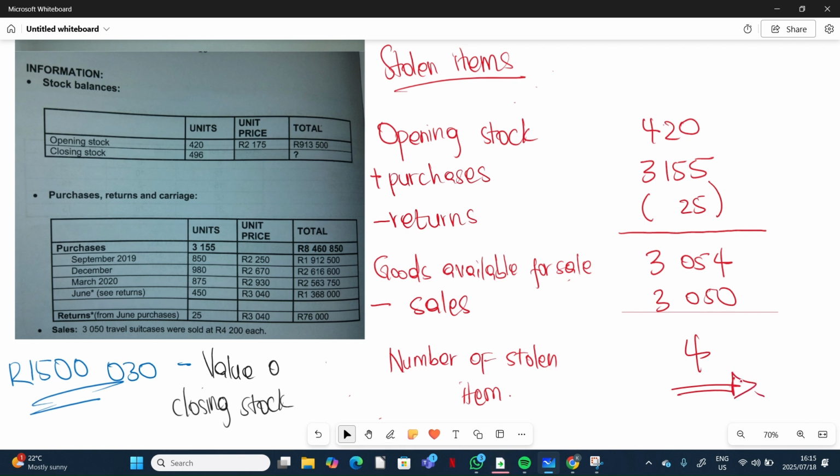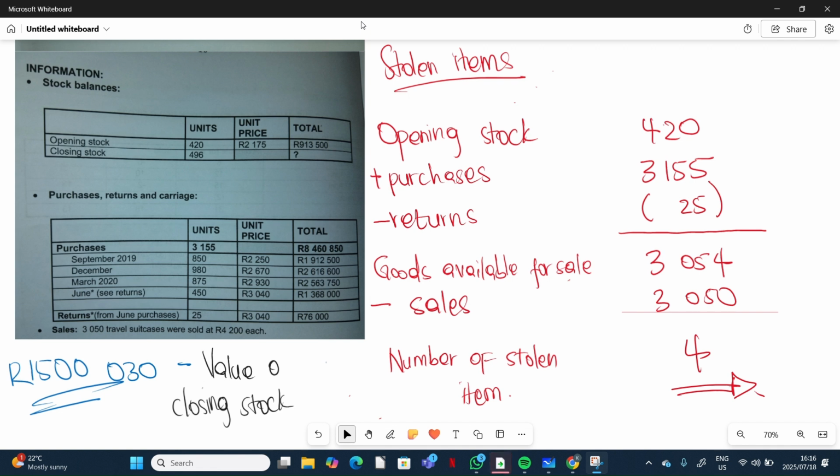But now, somebody might ask, what if it's the four that we have in the store? Or after we sold, what if the four weren't bought? But remember that these are the ones that are stolen, because if those are the goods that they had for sale, then those are the goods they were supposed to sell.